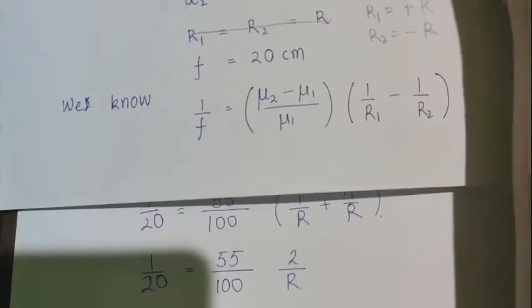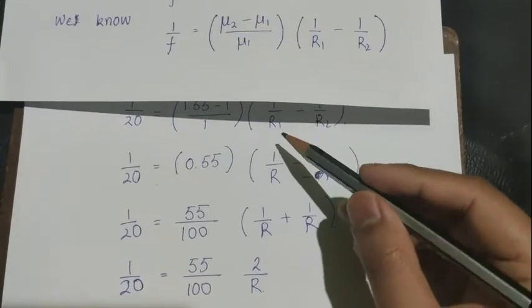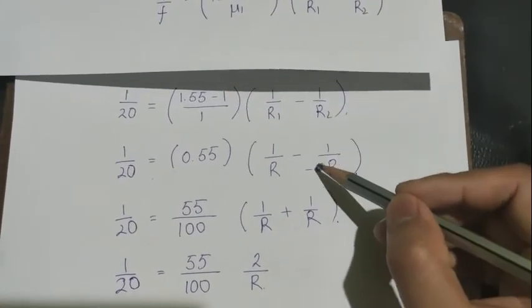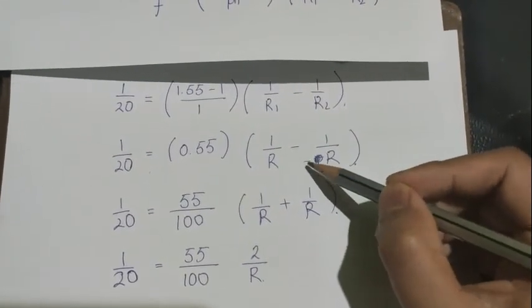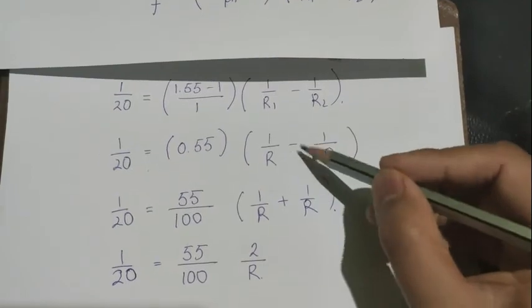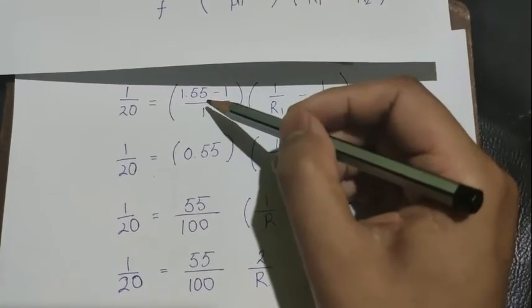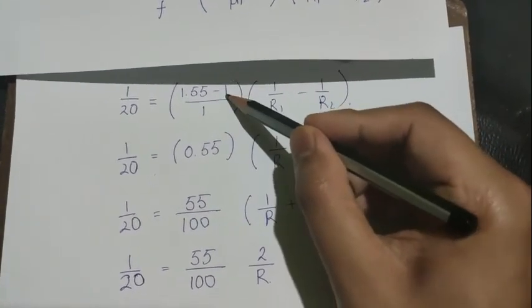Clear? So let us substitute this value. 1 by R1 is my positive R. 1 by R2 will be my minus R. Now minus and minus, fine, this will become plus. Is it clear? Now coming back to our original equation. 1.55 minus 1.